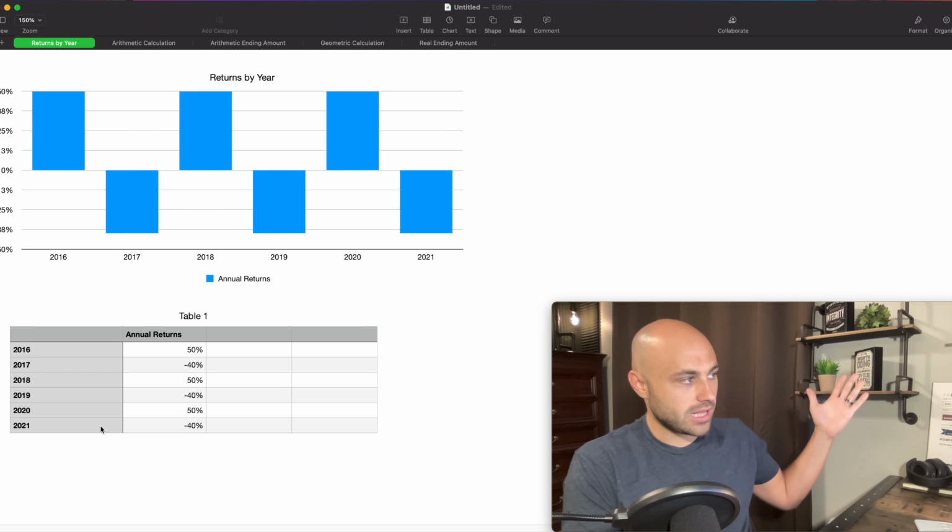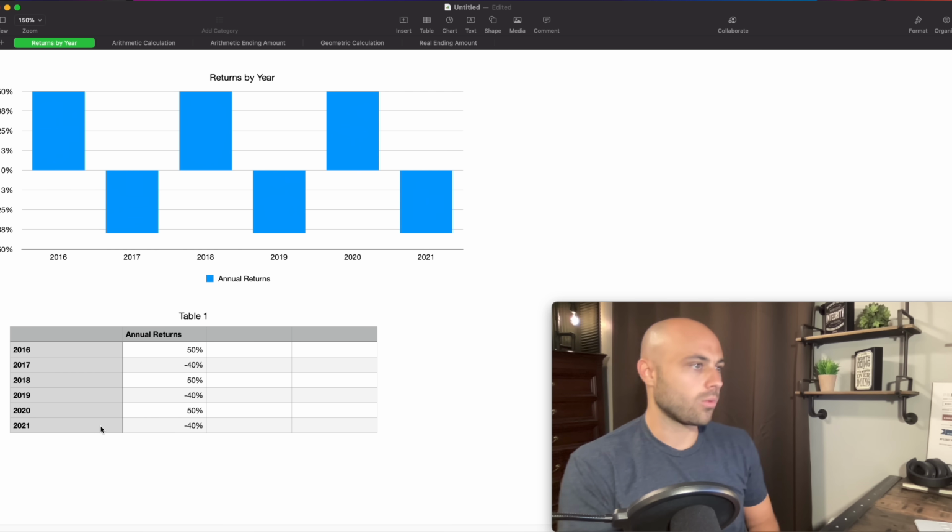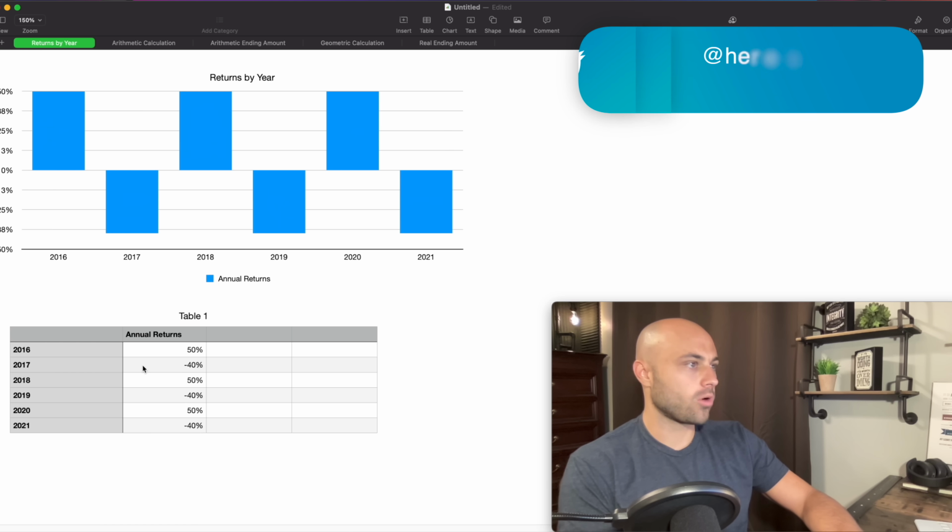I just have them labeled 2016 through 2021. And we're just alternating between 50% up the first year and then down 40% the next year. And you keep on flip-flopping back and forth between those two all the way through the years. So 50 up, 40 down, 50 up, 40 down, 50 up, 40 down. Those are the 6 time periods and the corresponding performance.